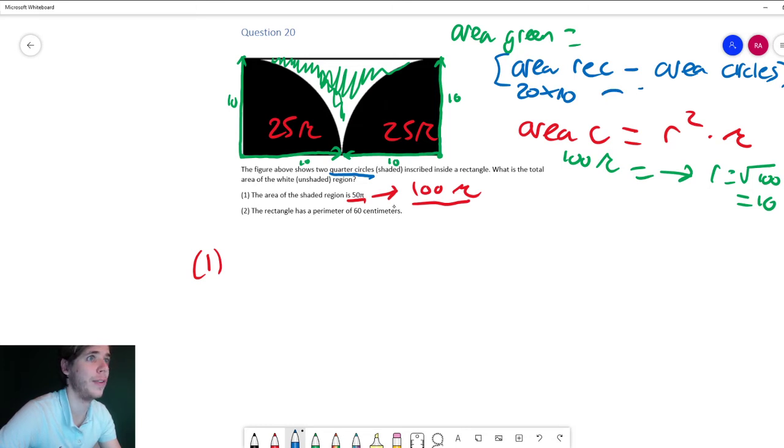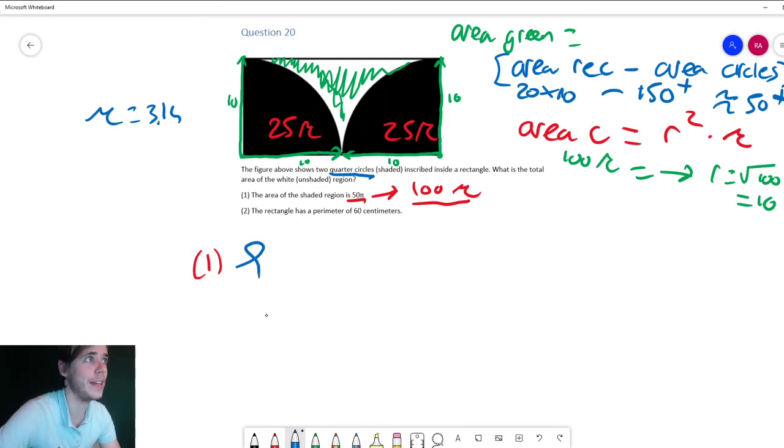So minus 50 times π. π is 3.14, so minus a little bit over 150, so it will be 200 minus 157. We don't have to calculate it, but the first statement is sufficient.